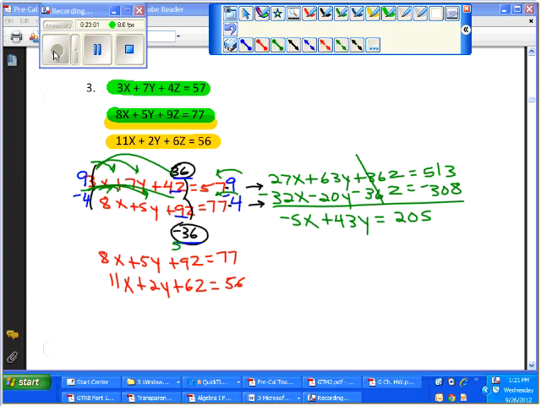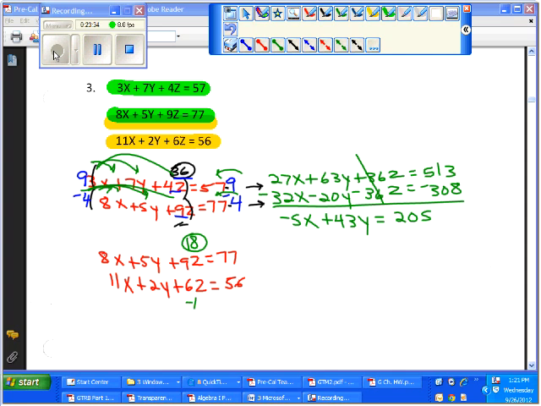And 6 times 9 is 54, so we want a positive and negative 54. Actually, that's not the least common multiple. We could use an 18 and a negative 18, right? That's a smaller multiple, and that'll keep our numbers smaller. So the least common multiple between 6 and 9 is 18.